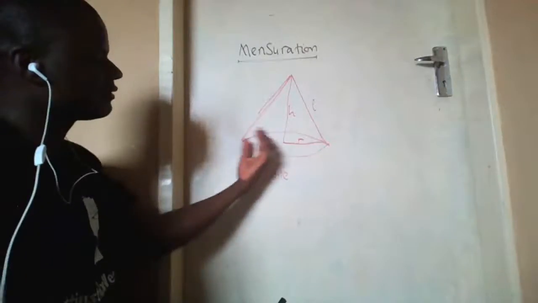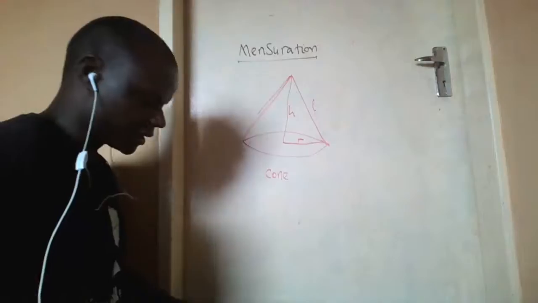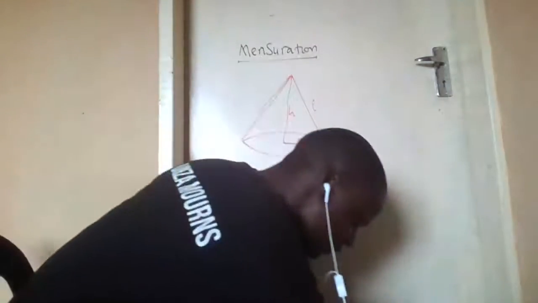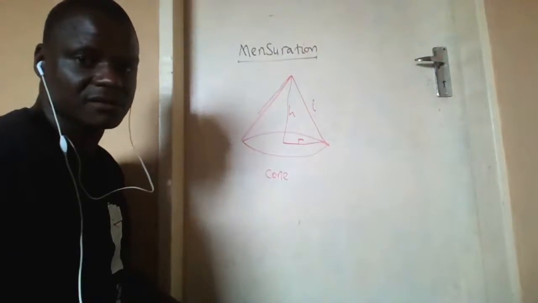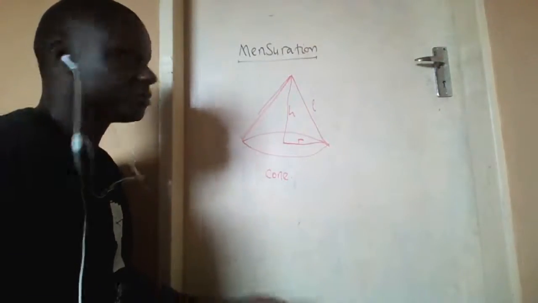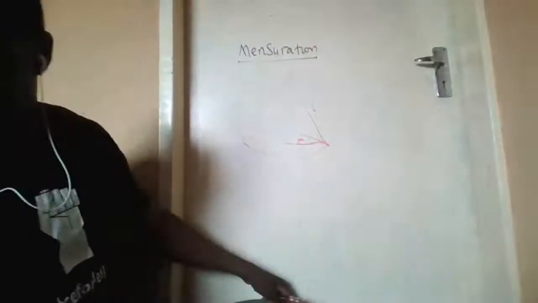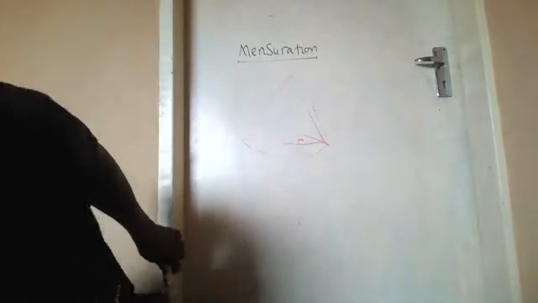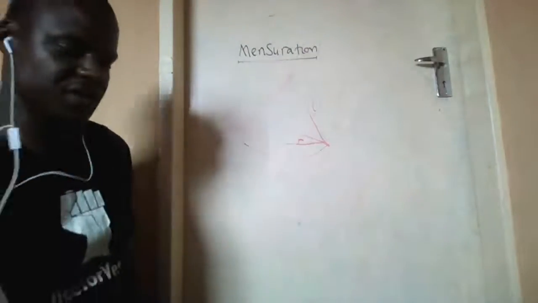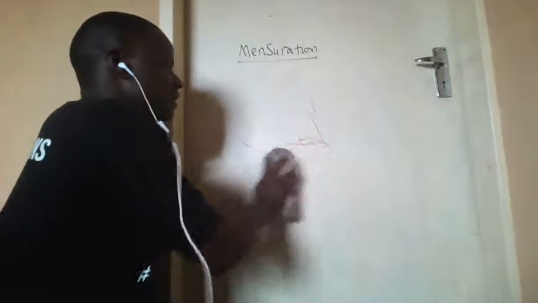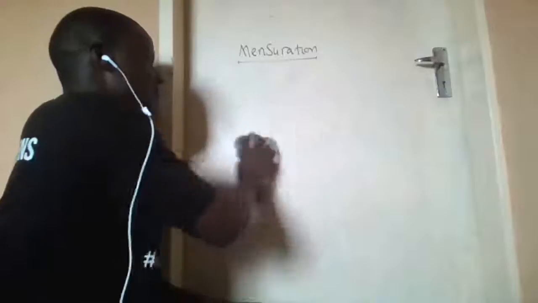We're going to look at how we can find the volume of such a cone. Then from there, we'll also look at how we can find the volume of a prism. But prisms come in different types. Most of the time, the type of a prism is determined by the shape of the base. If the shape of the base is a rectangle, it is called a rectangular prism.